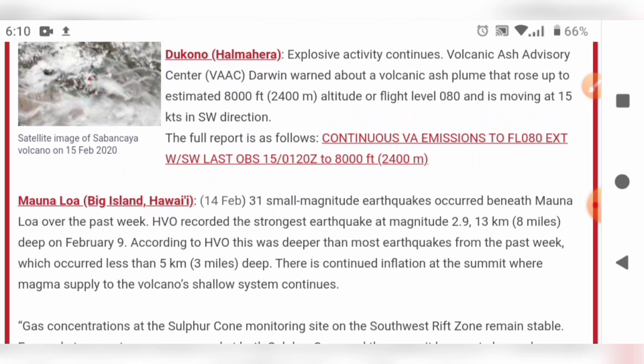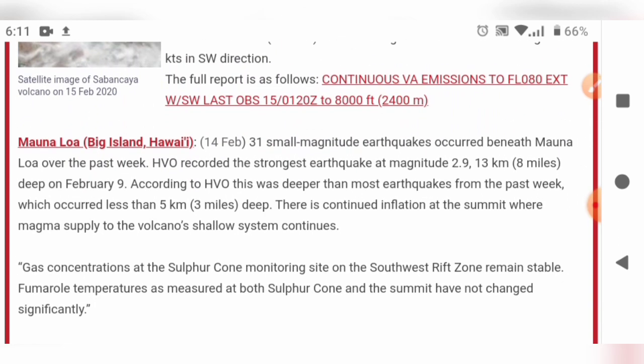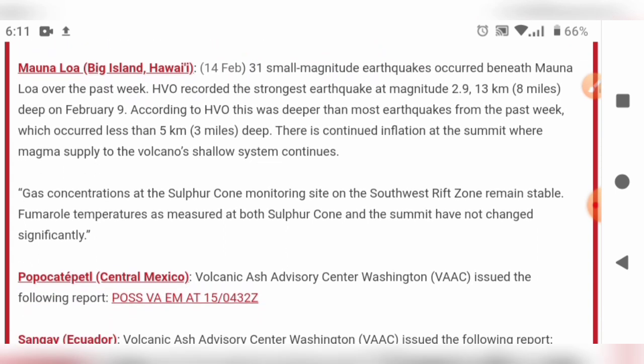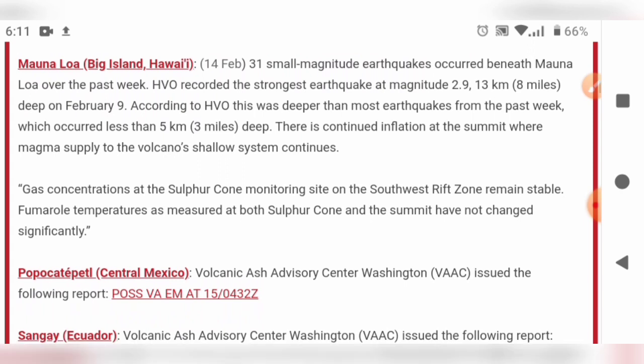Mauna Loa back on the list again, as we see gas concentrations remaining stable and fumarole temperatures have not changed significantly either, but the ground continues to inflate at the summit and magmatic seismicity continues.